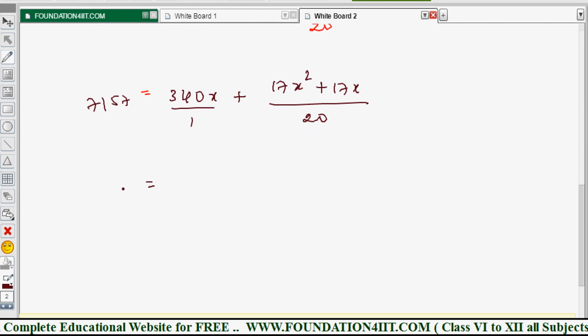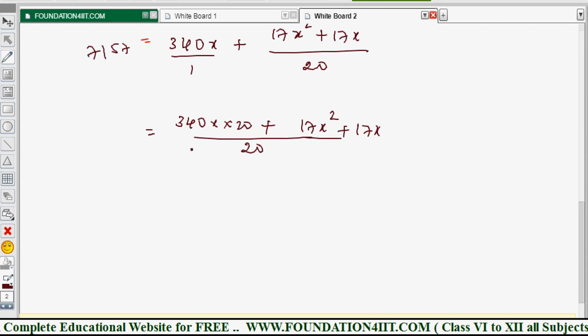Take all the x terms to one side, so 20 is the LCM. 340 into 20, just simplify. So 340x into 20 plus 17x square plus 17x, just multiply.